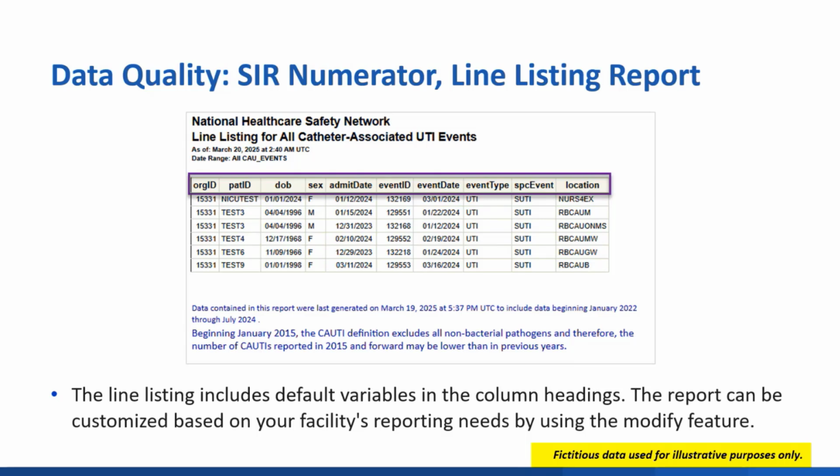You can also modify this report to add any other variables that would meet your reporting needs. So again, one of the most useful features is that it's fully customizable using that modify option. So you can add and remove variables based on what you need. So the default list can be updated.